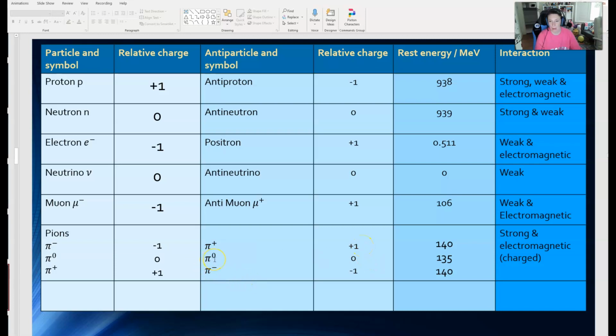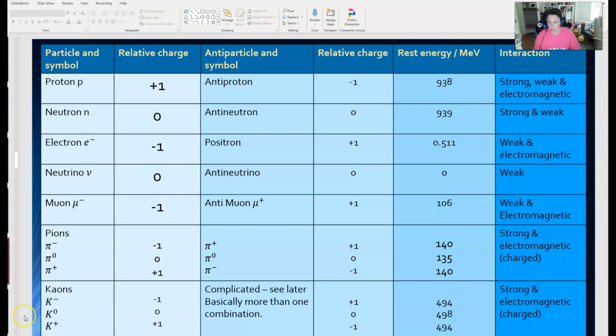Pion 0 is 0, and then the pion plus antiparticle is a pion minus. So they're sort of the opposites to each other. The rest energies are really similar, and they interact through the strong and electromagnetic force. In fact, I think they're responsible for the strong force. They're the interaction particle for that.